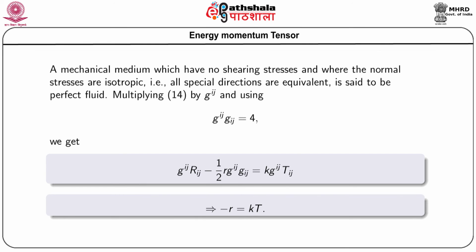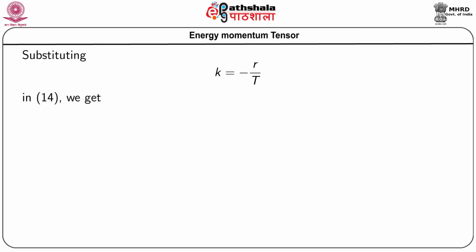Now, from here we get minus R equals k T, because contracting g^ij with Tij gives T, g^ij Rij gives the scalar curvature R, and g^ij gij gives 4. So, simplifying this relation, we get minus R equals k T. That means the value of k is equal to minus R by T.